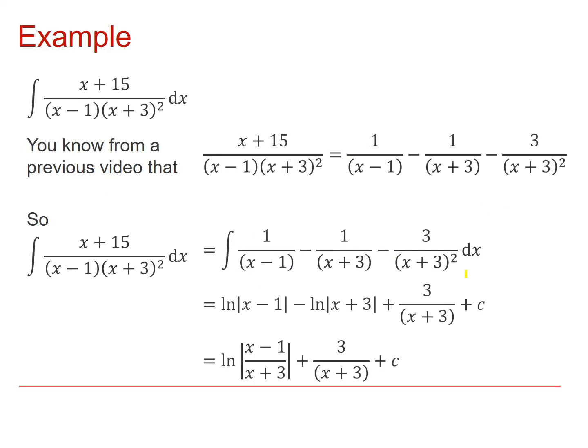Okay, that's the working tidied up so you can read it a little bit more easily. There's my partial fractions from the previous video. Here it is as an integral, and there it is integrated through, and then combining the logs leads me to the final result.